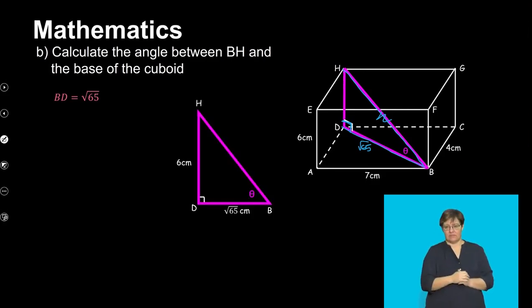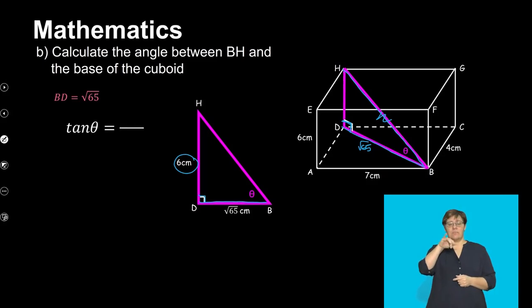Here's a drawing. BD is root of 65, and here's our right angle triangle, and DH is 6 centimeters. The calculation is easy; the part that requires a bit of skill and getting used to is visualizing where the triangle is sitting. And now we just do Pythagoras again. Sorry, now we want to find the angle, apologies.